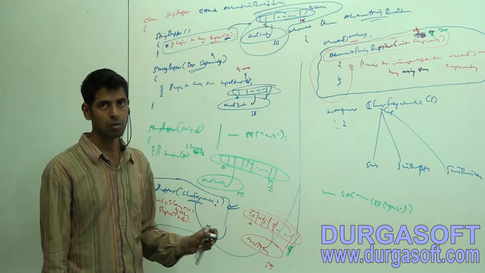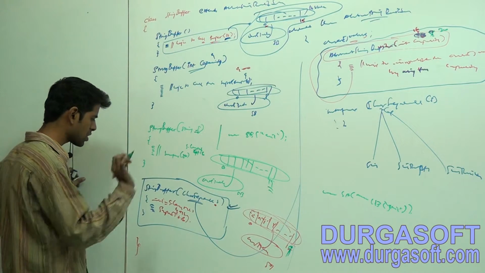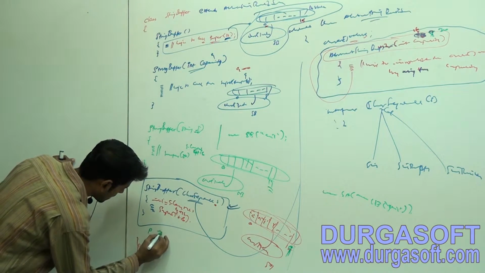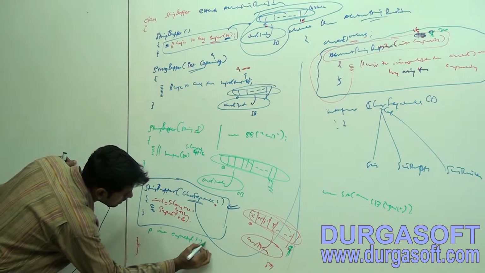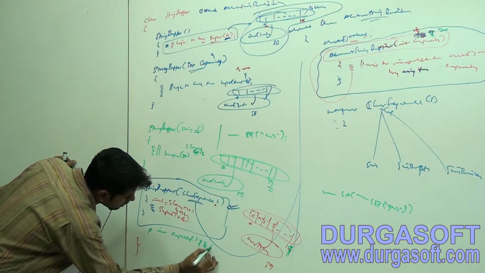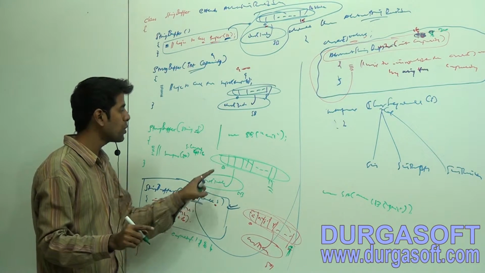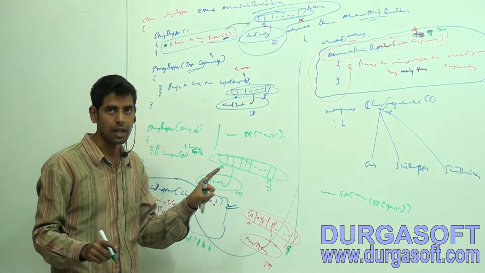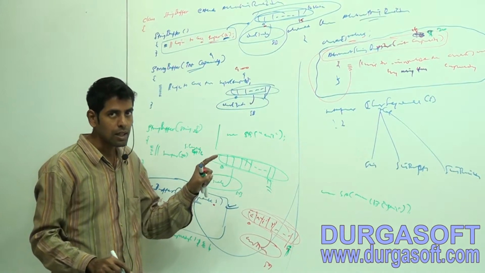And this StringBuffer class is having one small method. What is that method? Observe. public int capacity method. This method is having logic to return how many blocks are currently available within that object.